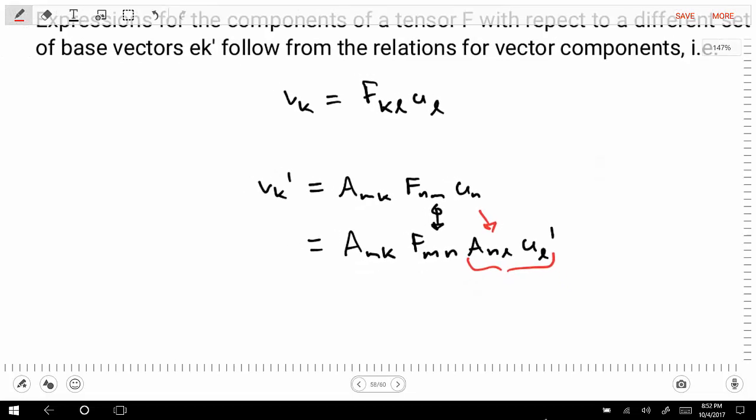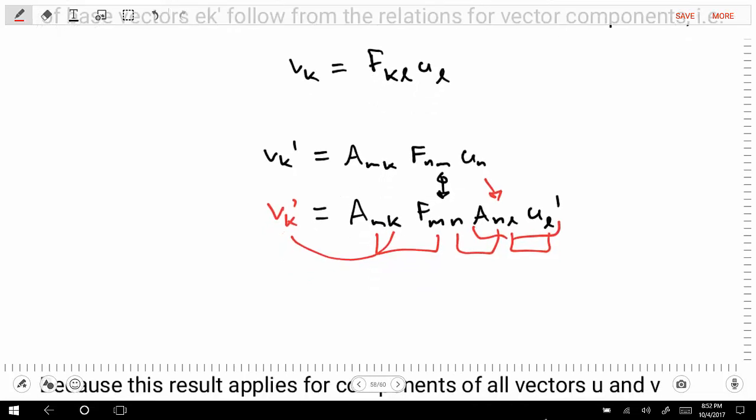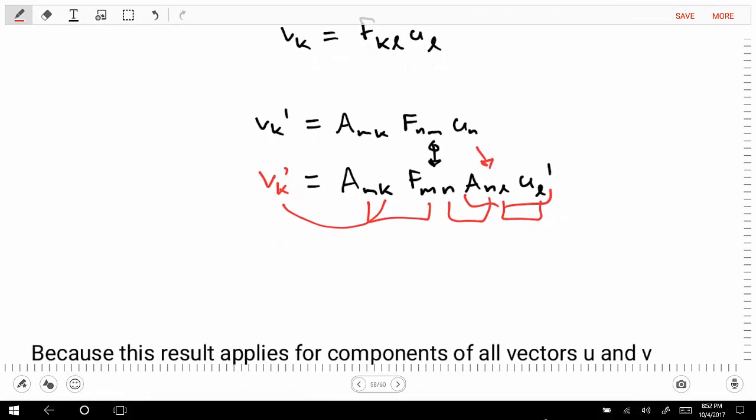In order to eliminate our dummy variables that persist, let's see the dummy variables M, N, and L and arrive at V K prime.